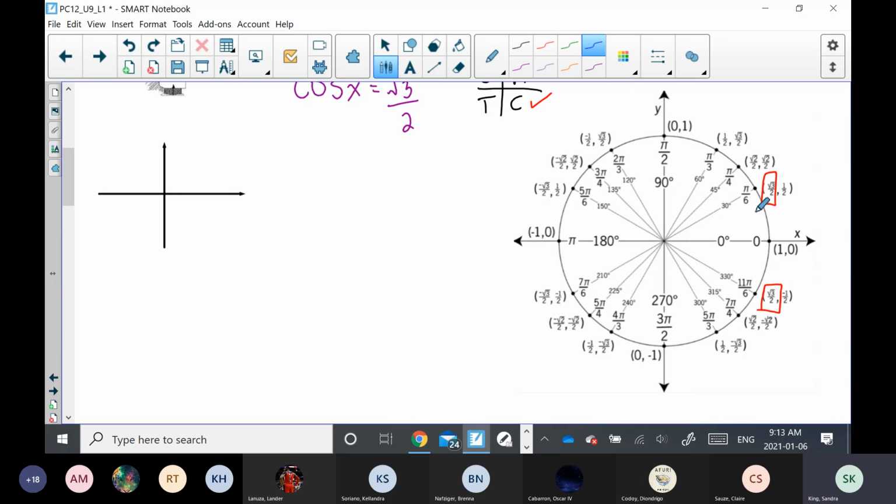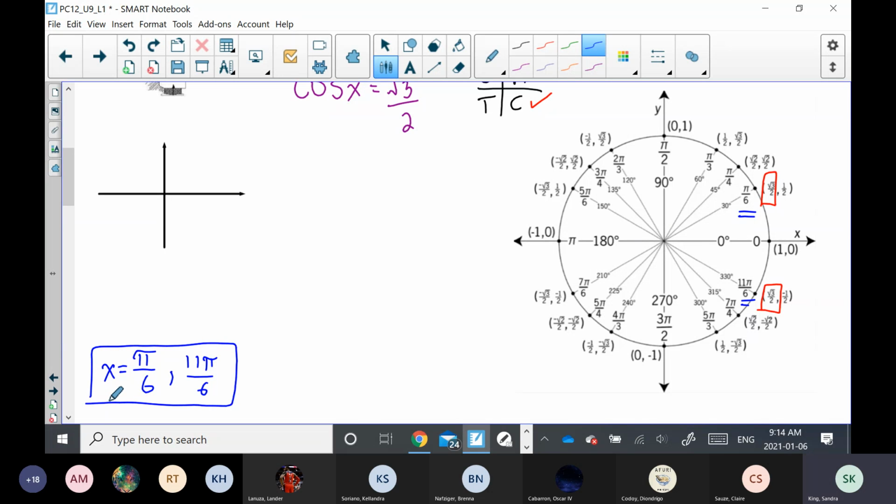So my 2 solutions are going to be pi over 6 and 11 pi over 6. So I'm just going to write it down here. x is going to be equal to pi over 6 is one of my solutions, and 11 pi over 6. So those are my 2 solutions.